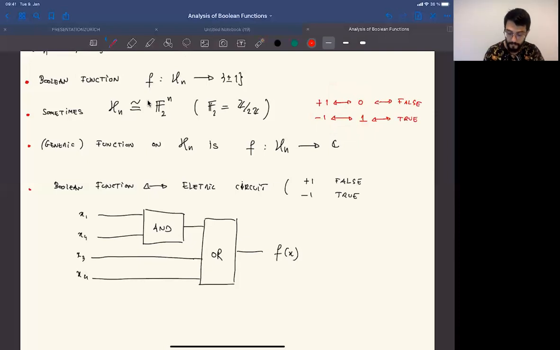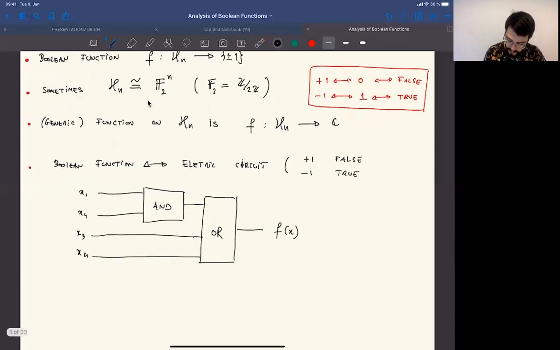So if I put, say, 0, 1, 0, 0, then what happens?